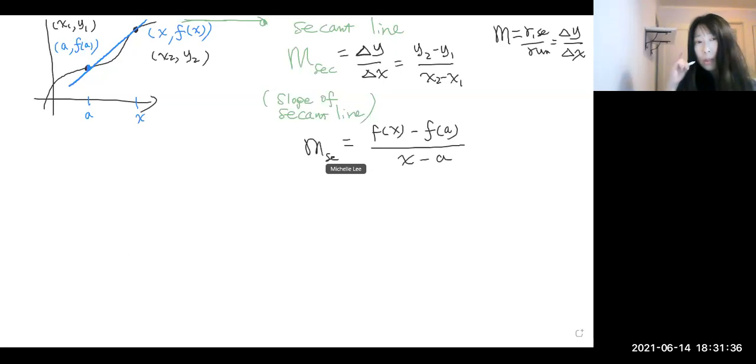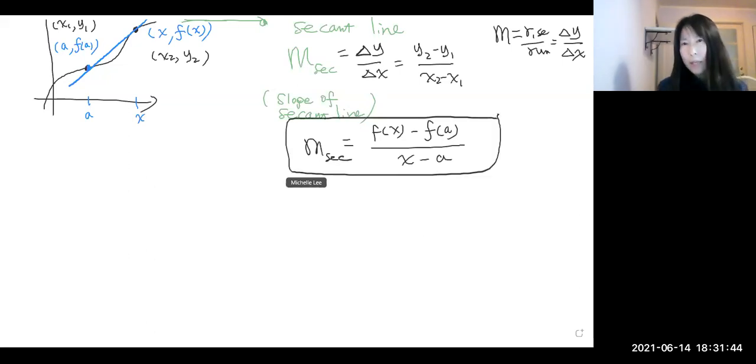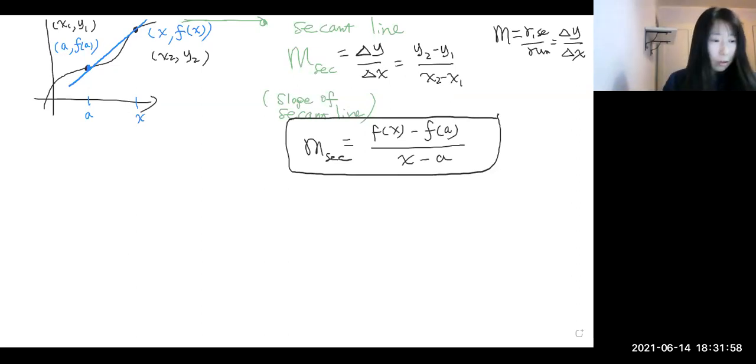So we call this the slope of a secant line, okay? But basically same thing with the algebra, right? Okay, they make a little bit advanced notation, function notation, okay? So this is the definition about slope of a secant line.